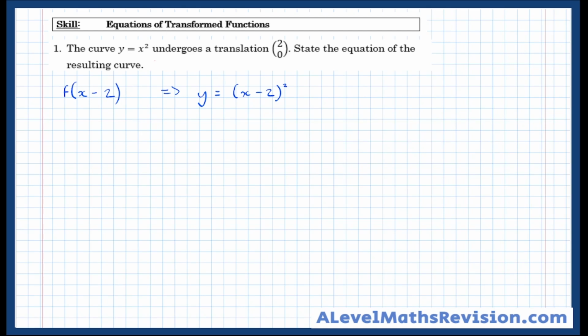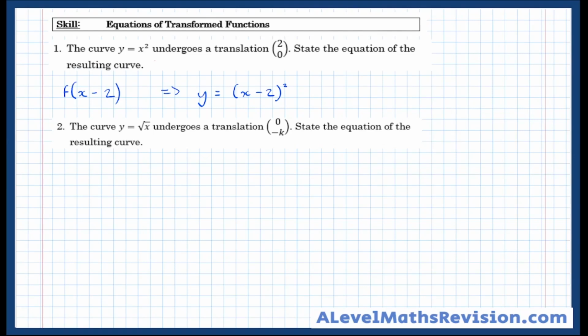So let's have a go at another. This one says the curve y equals root x undergoes a translation (0, minus k). That's a translation of k units downwards in the y direction. State the equation of the resulting curve. Well, we're going to subtract k on the outside of the function.